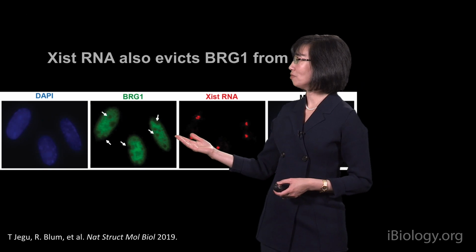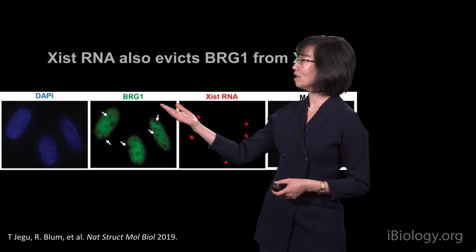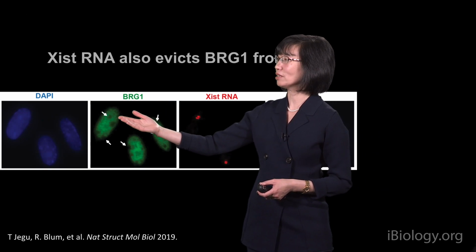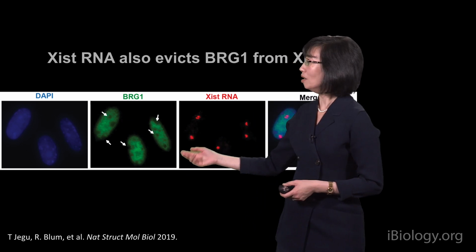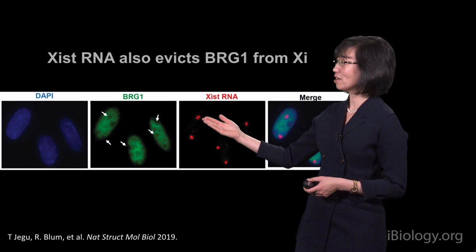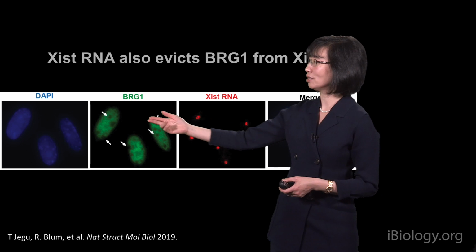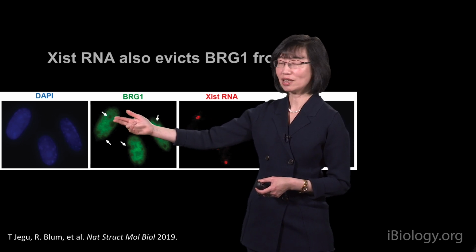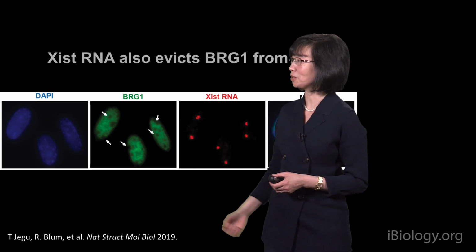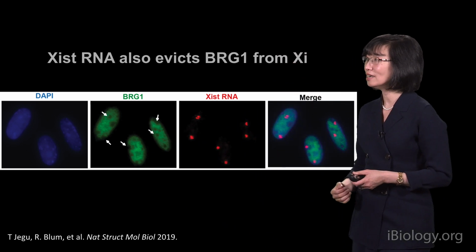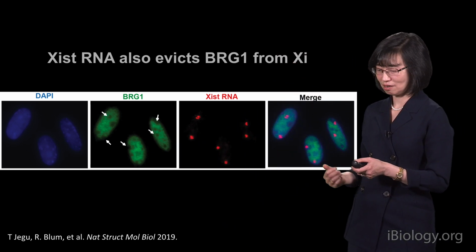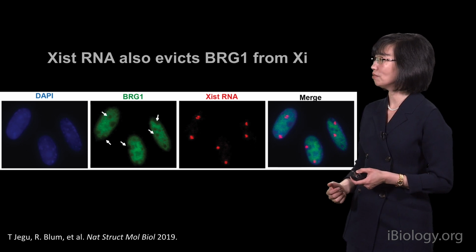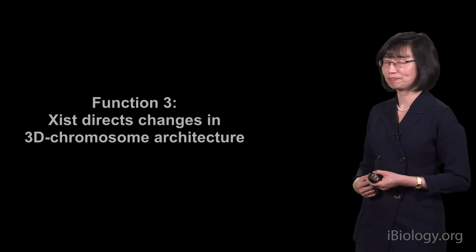So this is an immunofluorescence experiment, and you can see that BRG1 is normally present throughout the nucleus. But where there is Xist RNA, shown here in red, you can see that there is a depletion of BRG1 over that same chromosome territory, suggesting that Xist RNA evicts BRG1 from the inactive X chromosome.